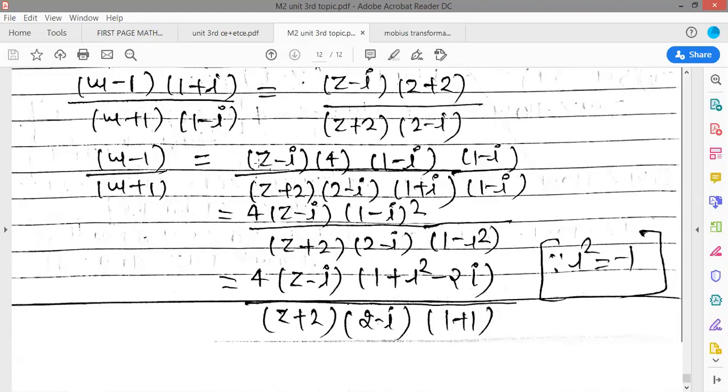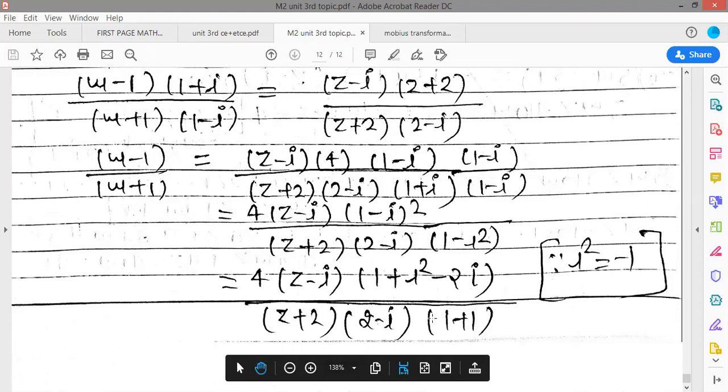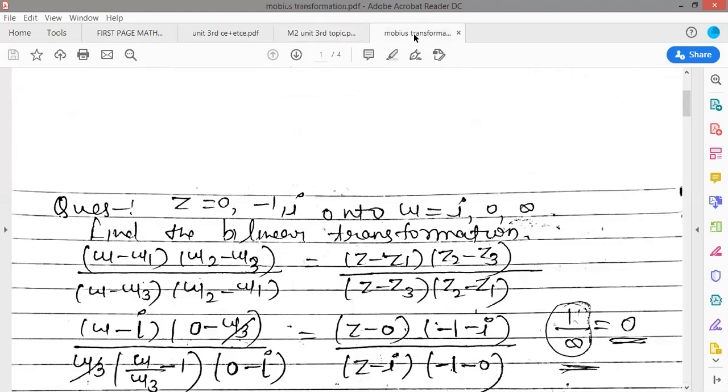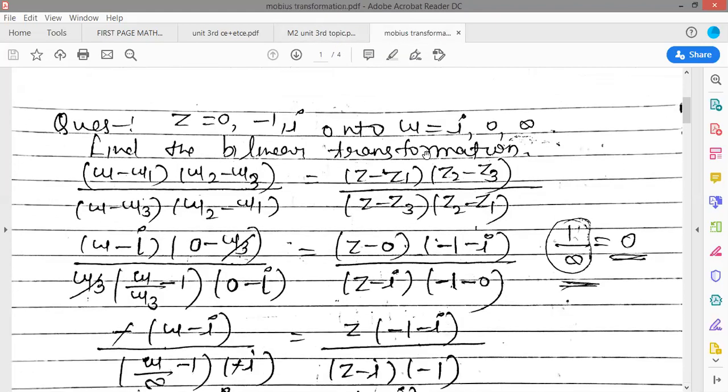After calculating all these terms, you will get your answer. That answer is your Mobius transformation. To check whether it is a Mobius transformation or not, just find AD minus BC, and if AD minus BC does not equal 0, then you can say that this is your Mobius transformation.